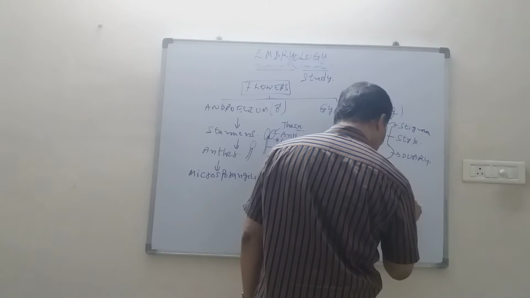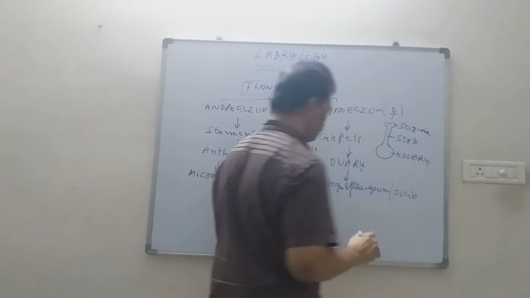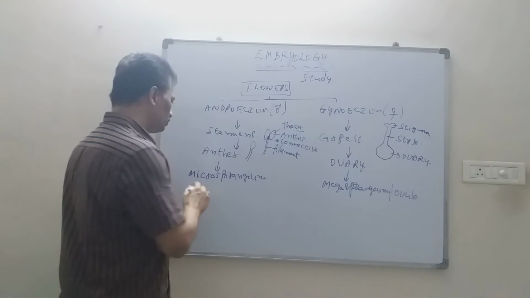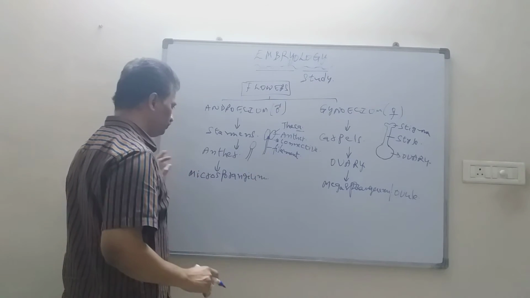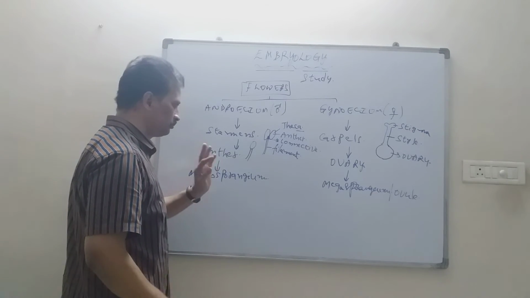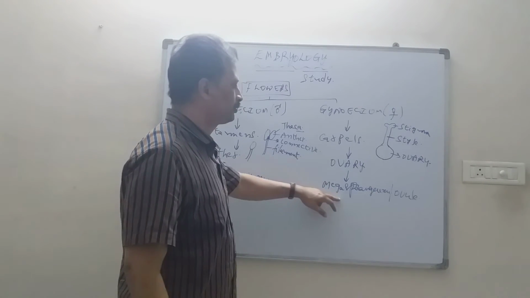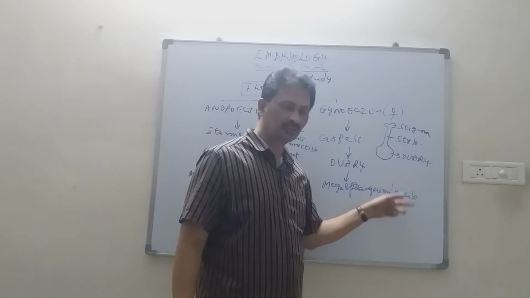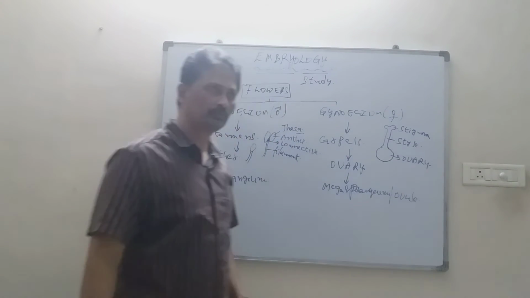This megasporangium is also called the ovule. So the anther consists of the microsporangium, and the ovary produces the megasporangium, which is also called the ovule.